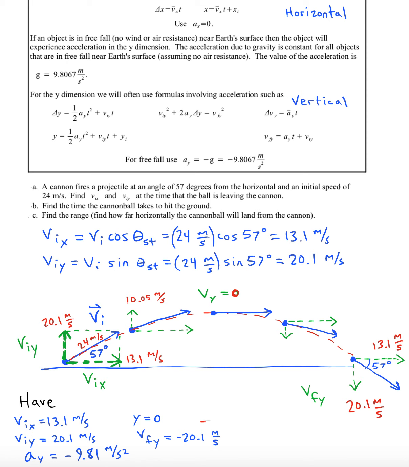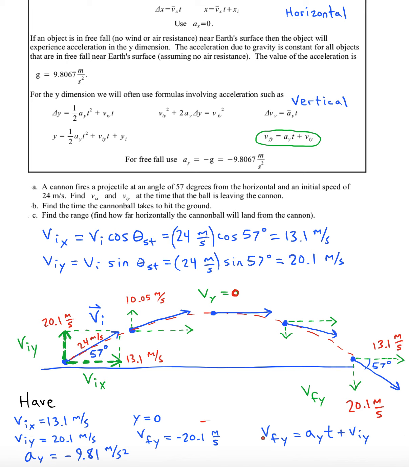Take a look at all the options and decide which one is best here. Okay, this one jumps out at me. The formula is VFY equals AY t plus VIY. We have VFY, we have AY, and we have VIY. So we can solve for the unknown time t.